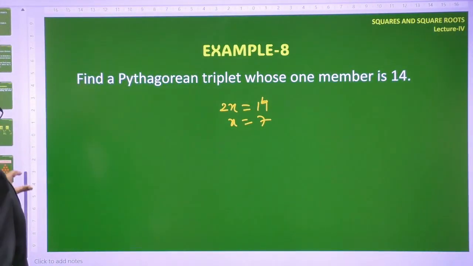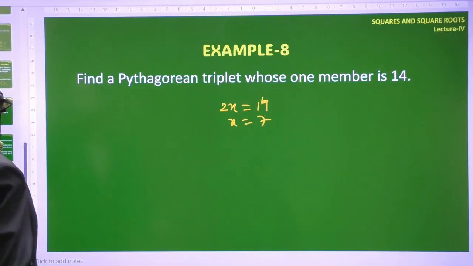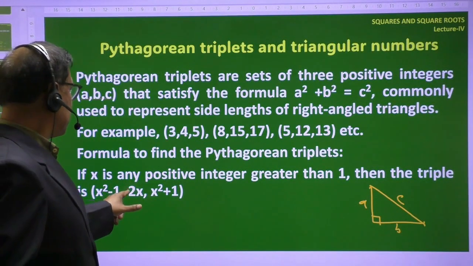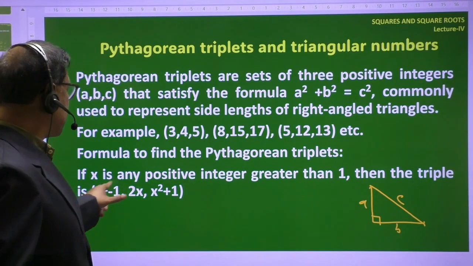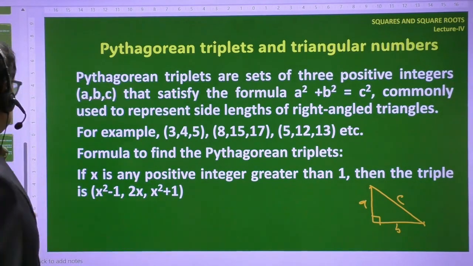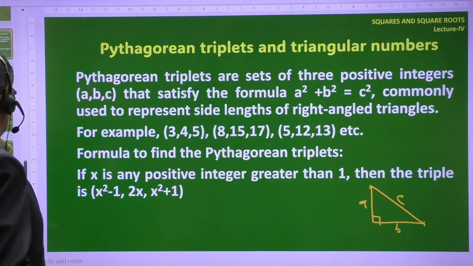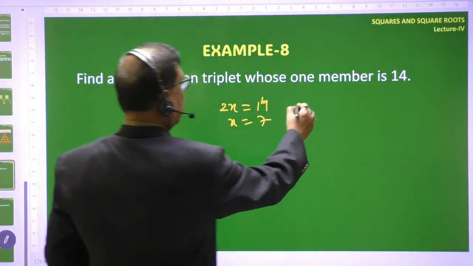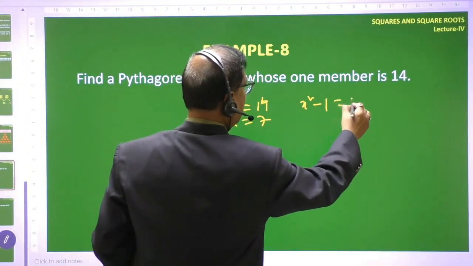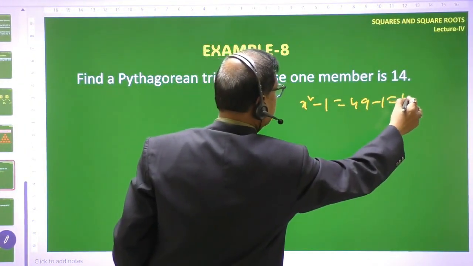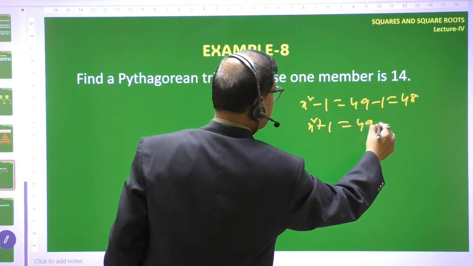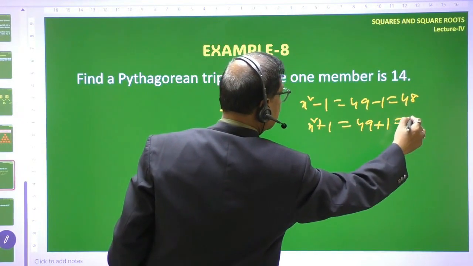So I told you the formula: when 2x is one member, x square minus 1 and x square plus 1 will be the other members. According to this rule, x square minus 1 gives 49 minus 1, that is 48, and x square plus 1 gives 49 plus 1, that means 50.